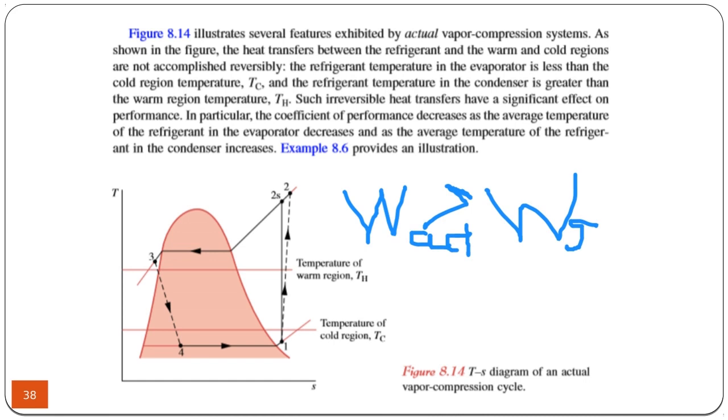So isentropic compressor has H2S minus H1 as the compressor work, whereas the actual one has H2 minus H1. It means that because of the irreversibilities, we have to deliver more energy to the compressor than the isentropic case.